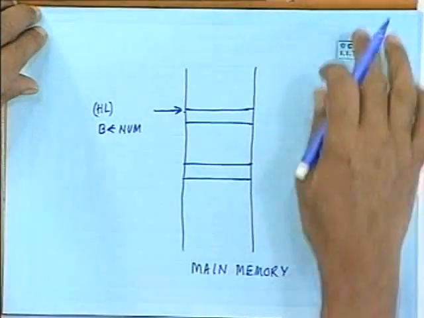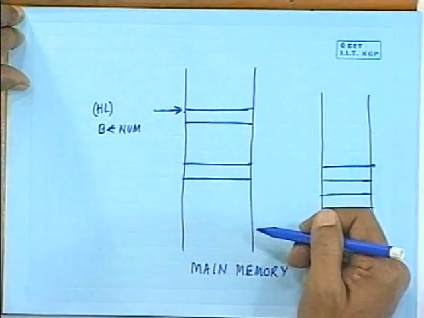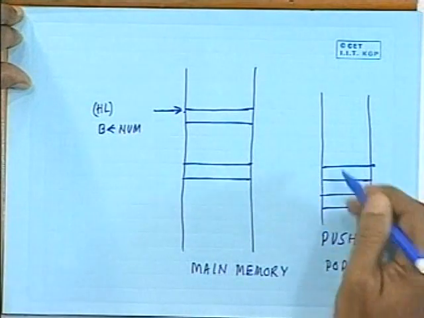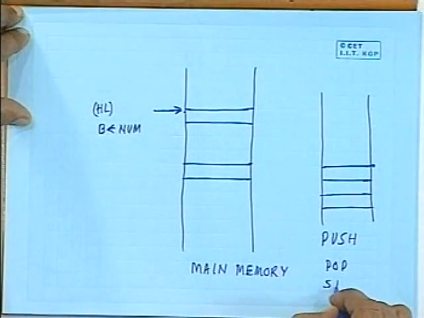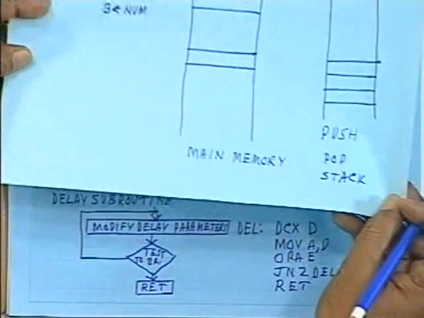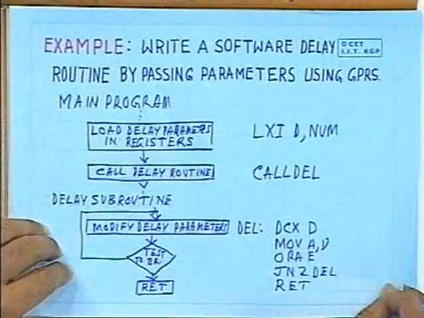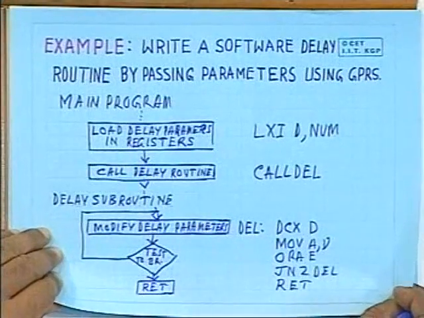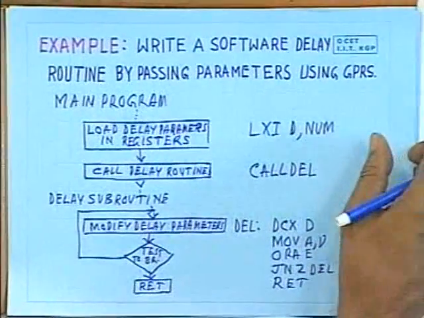So returning of the result can also be done in the same way, by using main memory or by using stack. So we have briefly discussed how you can pass parameters by using different techniques: by using registers, by using memory, and by using stack.